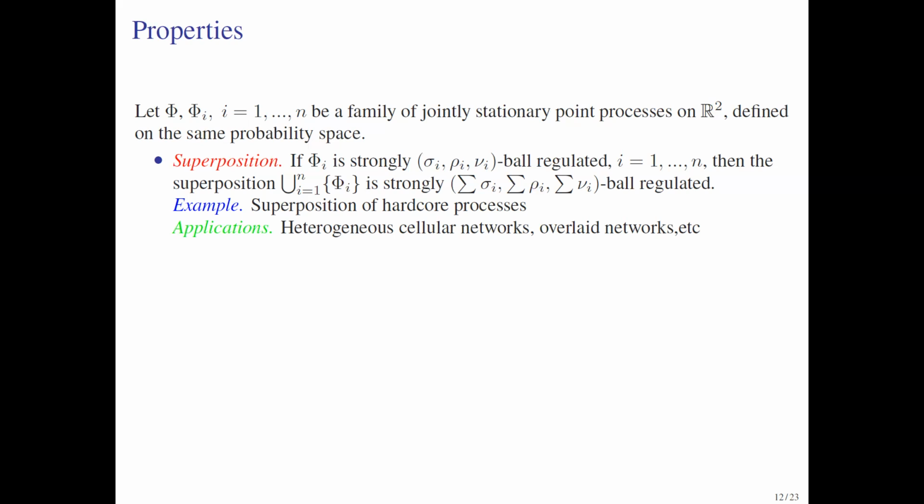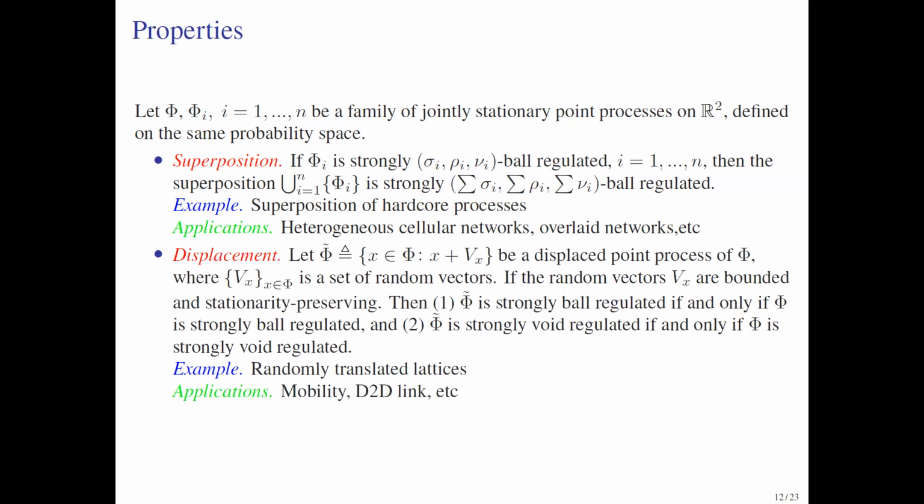An example is the superposition of hardcore point processes, which means that being hardcore isn't really necessary to being Bohr regulated or shot noise regulated. And it has applications in heterogeneous cellular networks and overlaid networks. The second property I would like to mention is the displacement property.